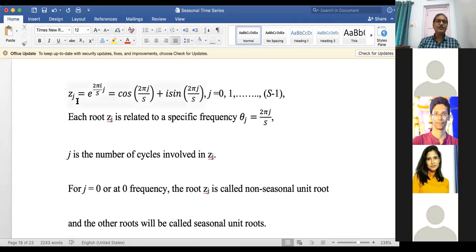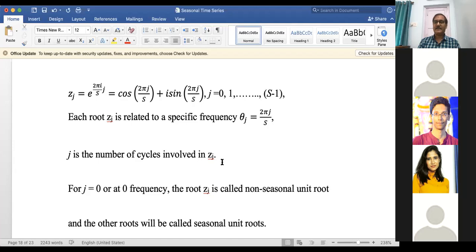Now in this expression, each root zj is related to a specific frequency. The expression within the bracket we are using here is called the frequency, theta j, that is cos theta j plus i sin theta j, where the value of theta j is equal to twice pi j by s in our case. Now the suffix j used here is the number of cycles involved in zj.